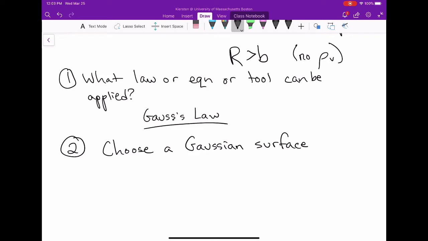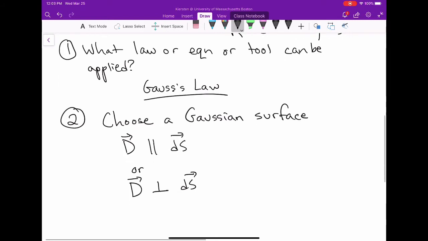And the things that make a good Gaussian surface are that the electric flux density should be parallel to the surface normal vector, or the electric flux density should be perpendicular to the surface normal vector, or the electric flux density should be equal to 0.